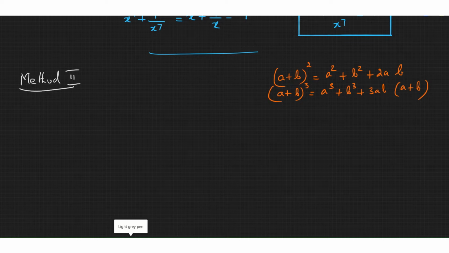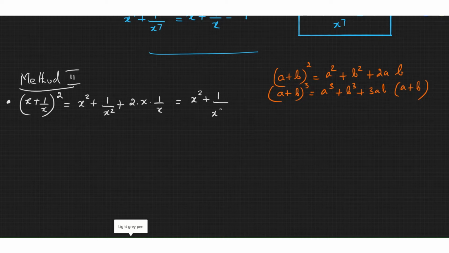Now using these identities, let us try to find x plus 1 by x the whole squared. My x plus 1 by x the whole squared is x squared plus 1 by x squared plus 2 times x times 1 by x, or this will be x squared plus 1 by x squared plus 2.